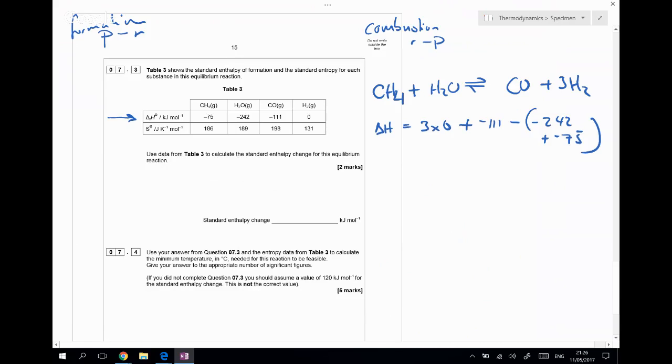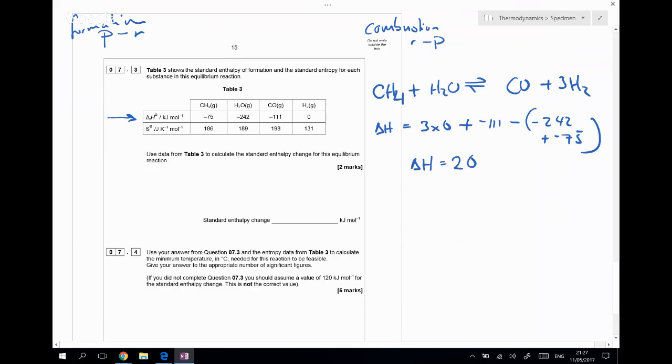Put that into my calculator: minus 111 minus 242 and added to minus 75. Close up all my brackets. And I get a value here of the enthalpy change to be equal to plus 206.